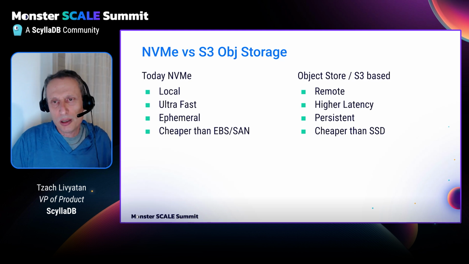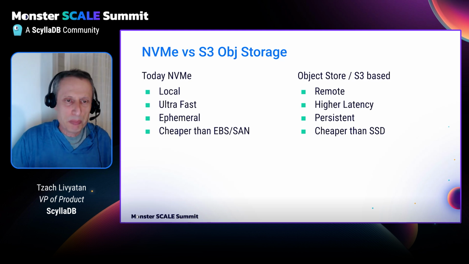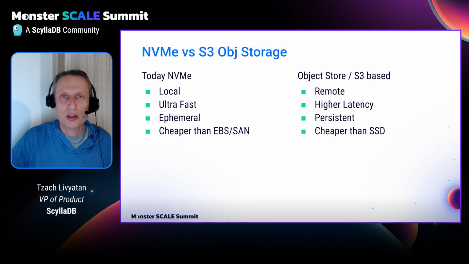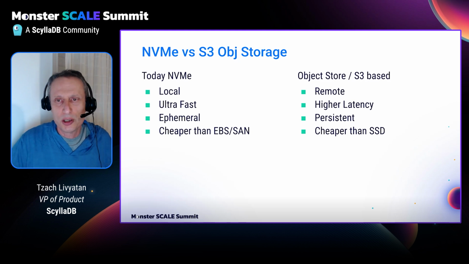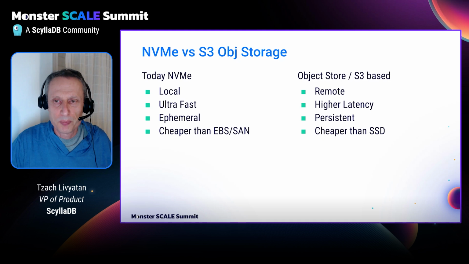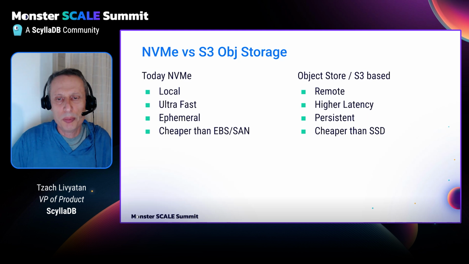It's pretty expensive, maybe not compared to other alternatives like EBS, but compared to S3. S3 is remote, so latency, of course, is much higher. It can get to tens of milliseconds in some cases. It's persistent, it's even highly available, but the cost is low. So far we already use S3 for backups, but not for actual live data.